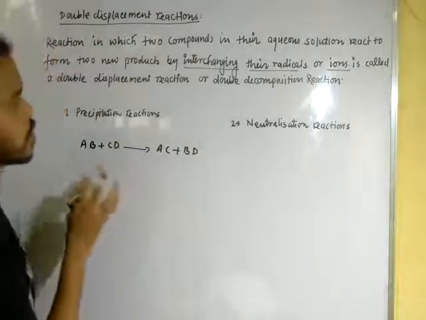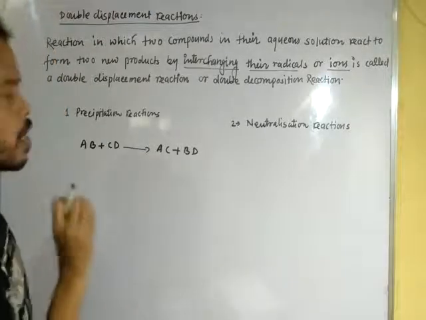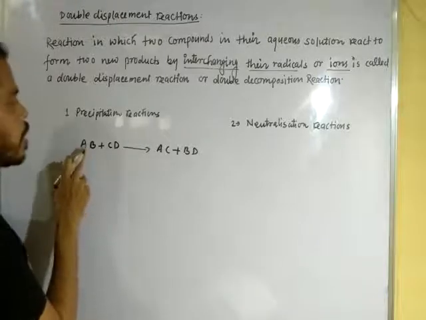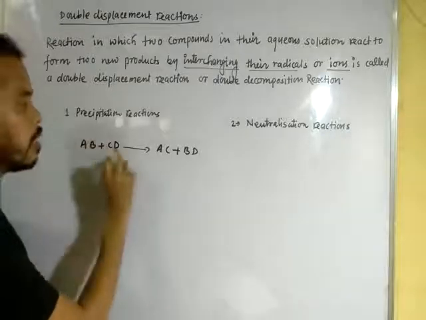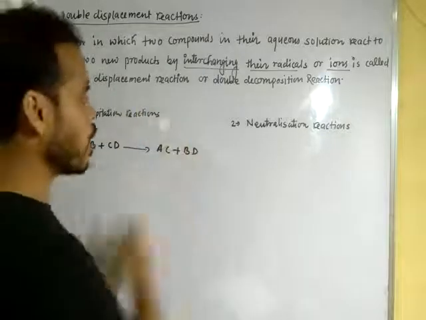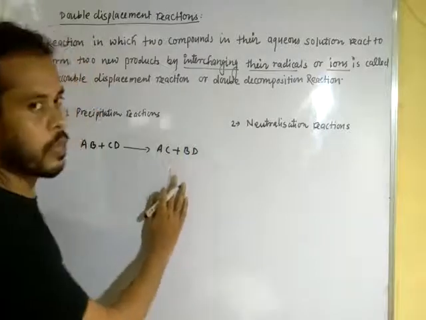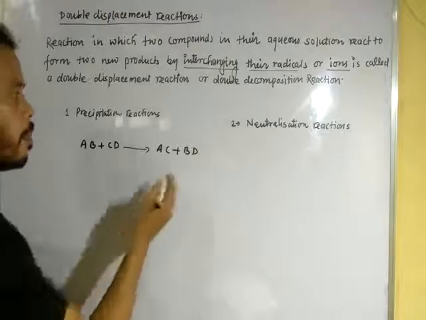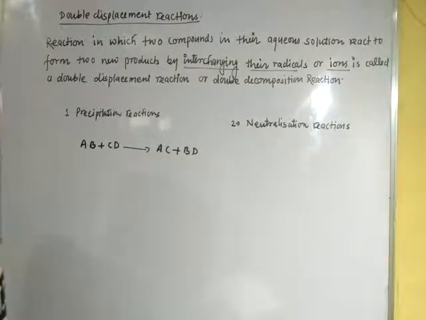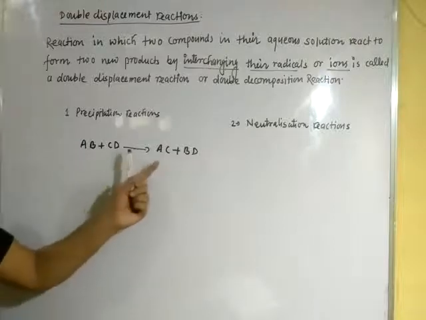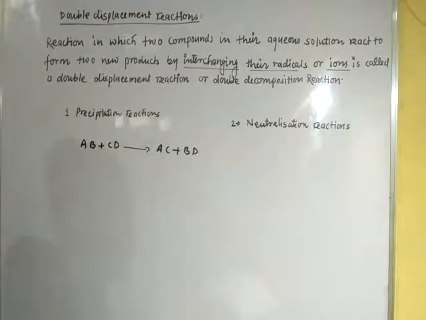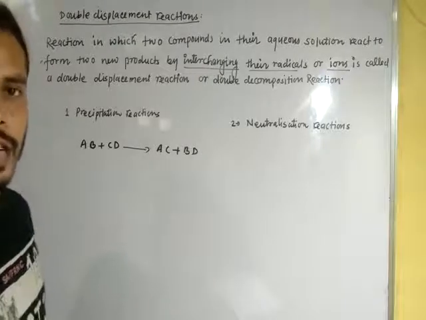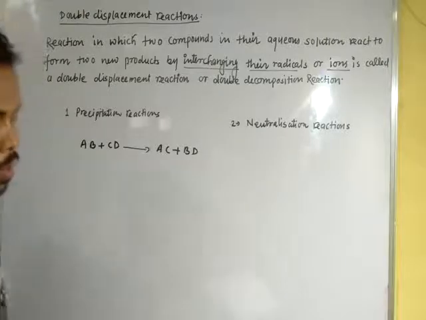This type of reaction is known as a displacement reaction, also a decomposition reaction, because after decomposition takes place between AB and CD, they interchange their radicals and form this type of compound. Now here the precipitate may be AC or BD, where either AC or BD makes the precipitate, but here we have no idea which one.